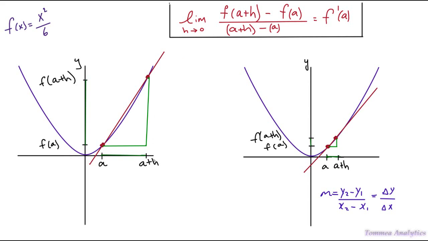In other words, we're going to take that distance h and shrink it down very, very close to a. So the distance essentially becomes very, very close to 0, but it's very important to keep in mind it will not equal 0.